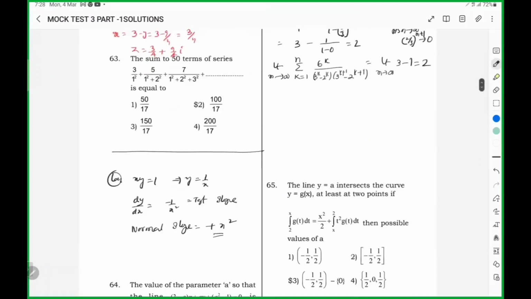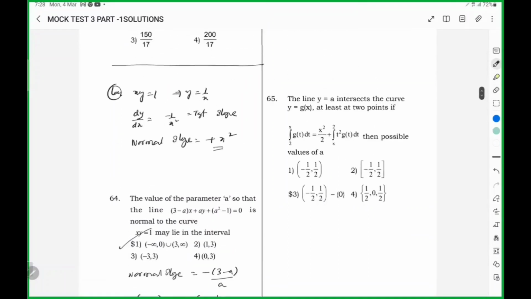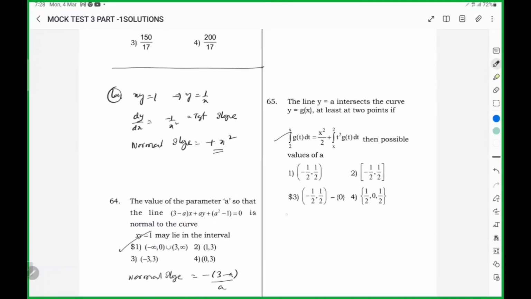This type of integrals are definite integrals. Generally, we use Leibniz theorem. Leibniz theorem is nothing but differentiating both sides with respect to x. d by dx of the integral from f of x to g of x of h of x dx is equal to g dash x into h of g of x minus f dash x into h of f of x.